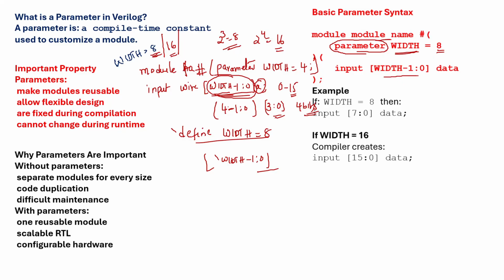Wherever I take the input data, that data is parameterized. So my width is 8, and 8 minus 1 down to 0 is considered, meaning the input should be 7 down to 0, 8 bit. If your width is 16, then your input should be 15 down to 0, that means 16 bit.